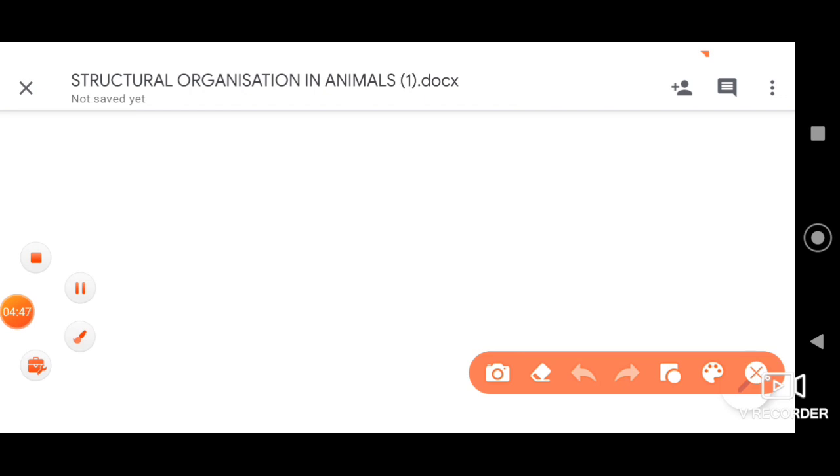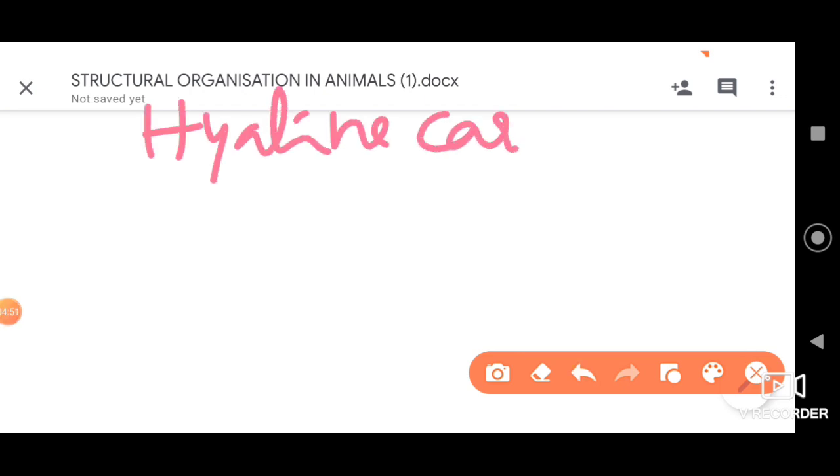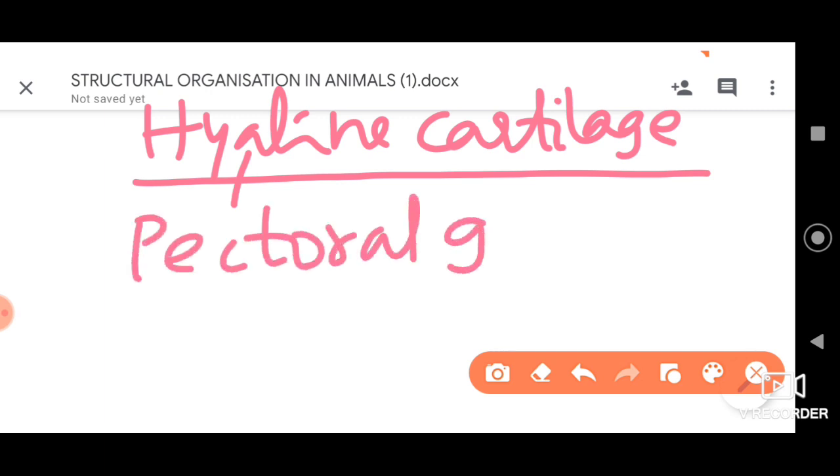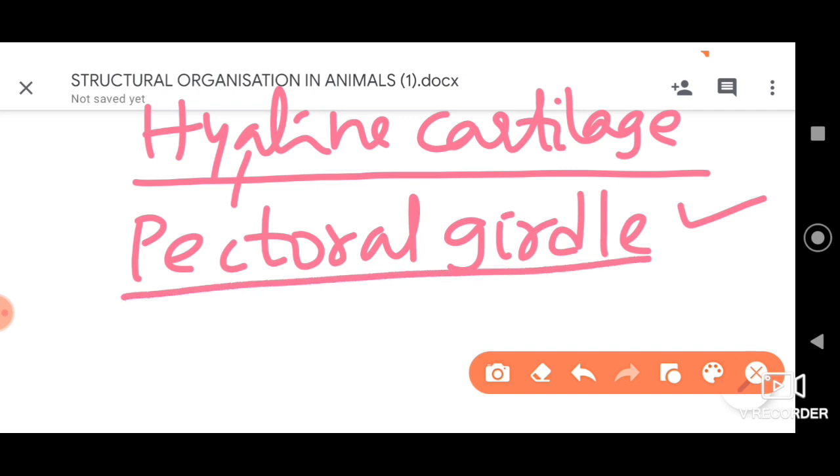Dear students, it is present generally in the pectoral girdle, that means the joining of the forelimbs with the body, an important structure called the pectoral girdle.